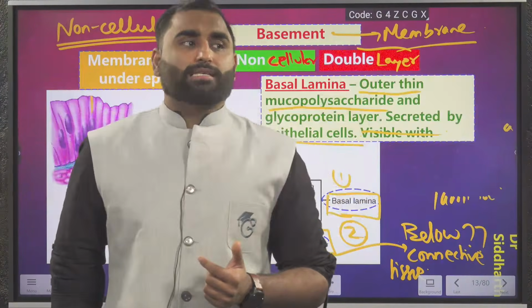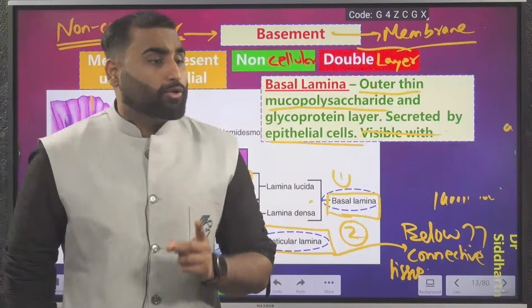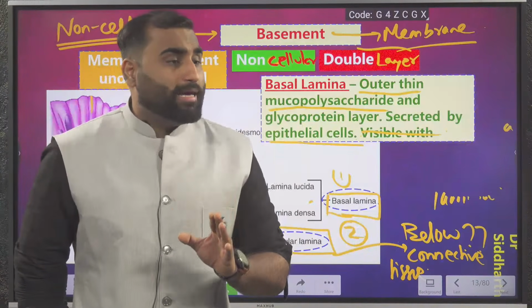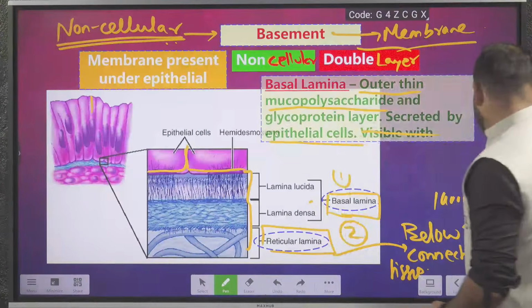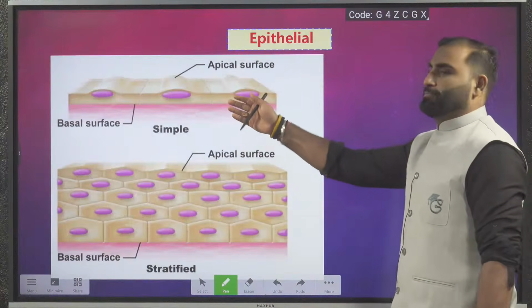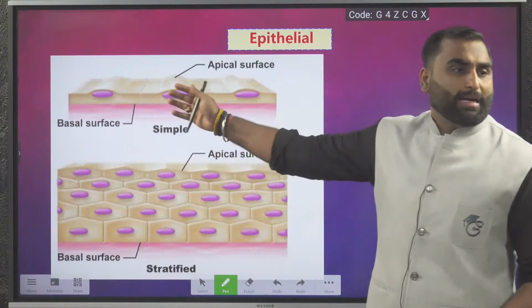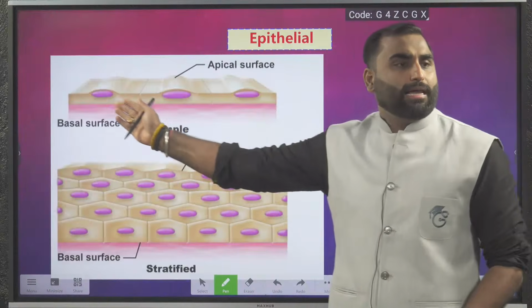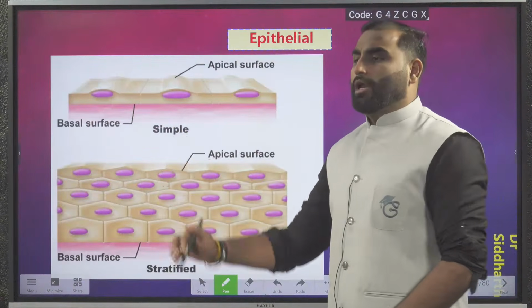In the next class, we are going to talk about the epithelial tissue classification, that is simple epithelium and stratified epithelium. Simple is single layer, stratified is multiple layer.